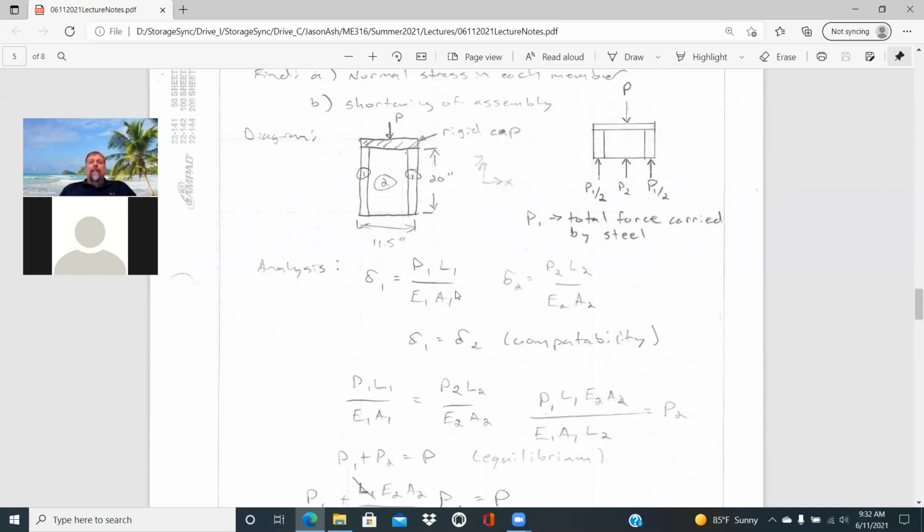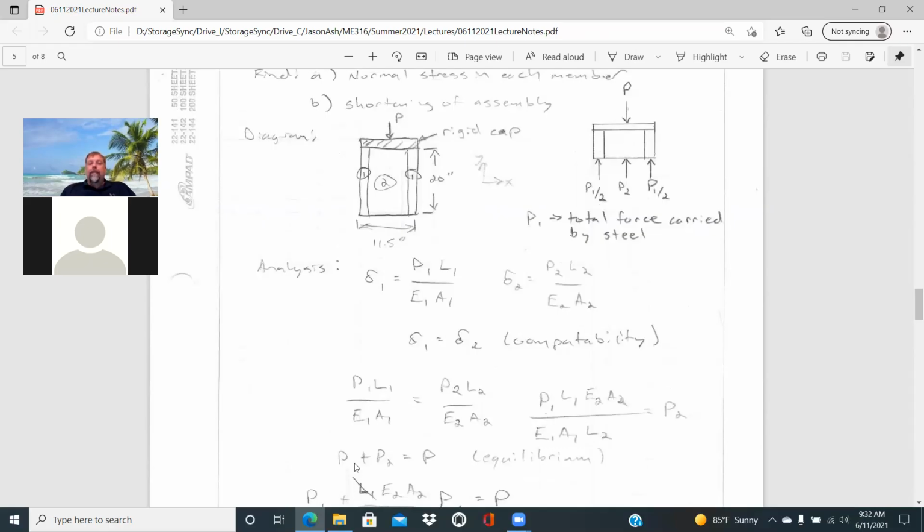Essentially what I'm doing here is looking at those members combined. If we do that substitution, we'd have P1 L1 over E1 A1 is equal to P2 L2 over E2 A2. And we can solve for P2 as a function of P1 and all the material properties and geometry properties.